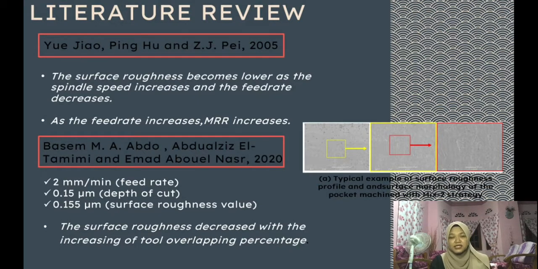From this research, they found that the surface roughness decreased with the increasing tool overlapping percentage. Here I also include a picture of a typical example of surface roughness profile and surface morphology of the pocket machined, found in this journal.